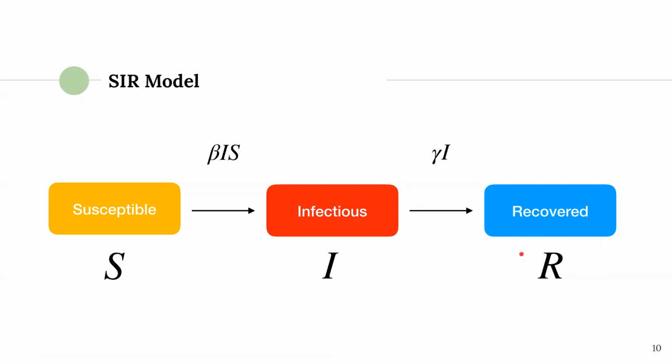So that's three groups of people, and you can see these arrows here. What the arrows mean is you have susceptible people, and they're going to get infected at some rate. So if 100 healthy people get infected, like in the US, with COVID-19 every day, then that's a rate of change, right, guys?